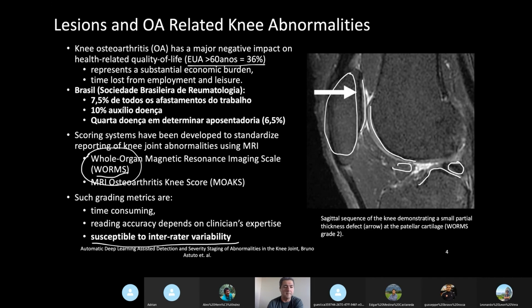So the main point here is that it's very susceptible to inter-rater variability.